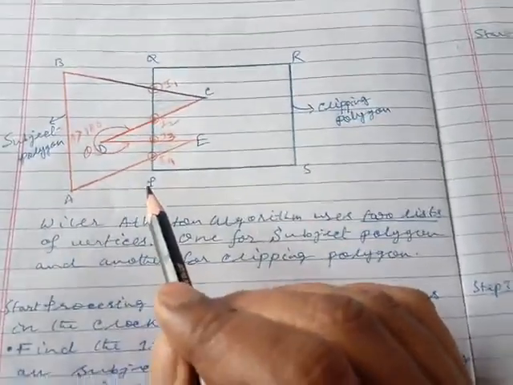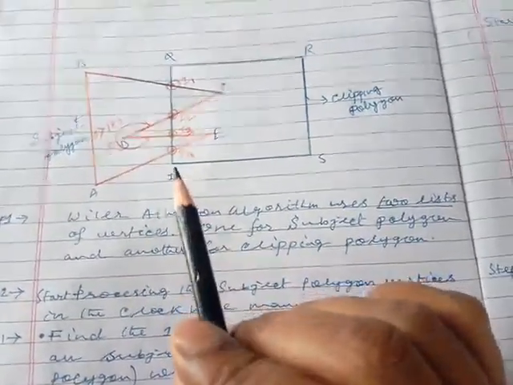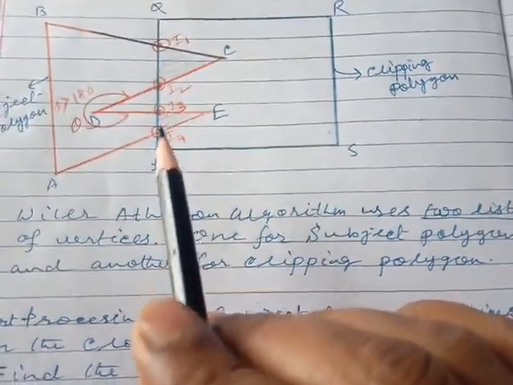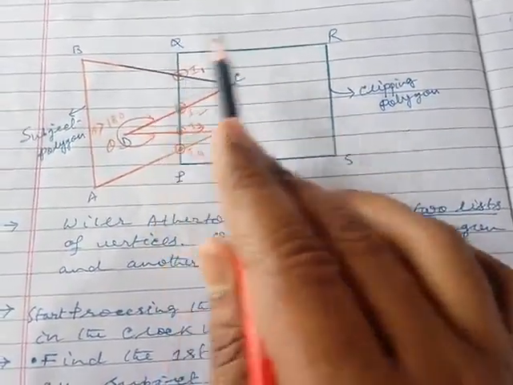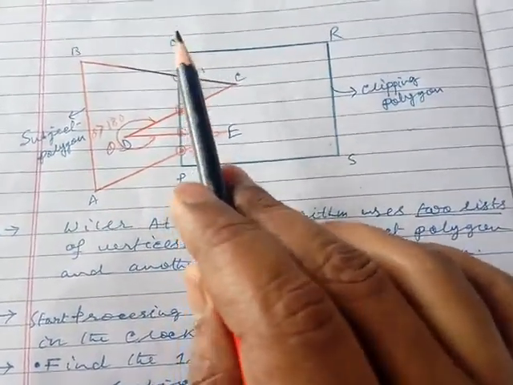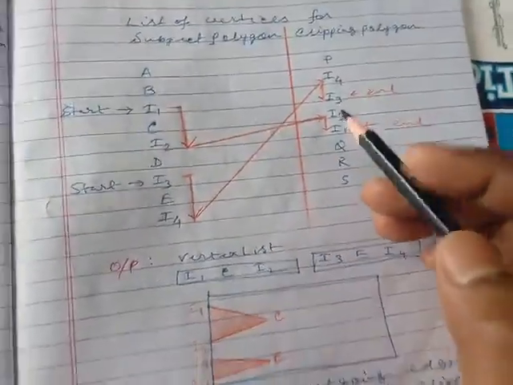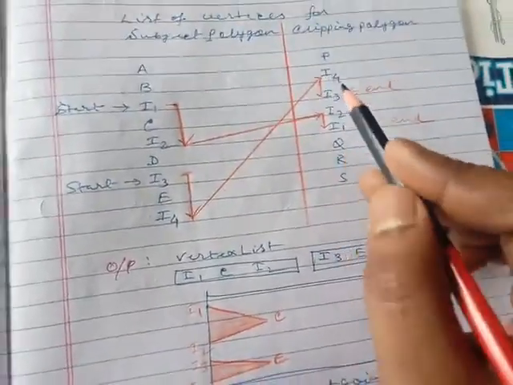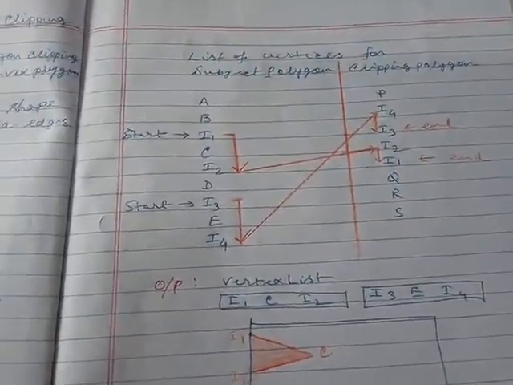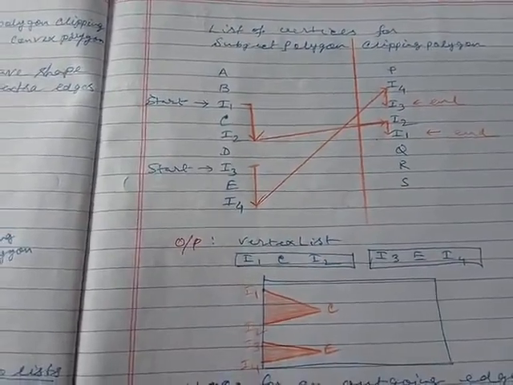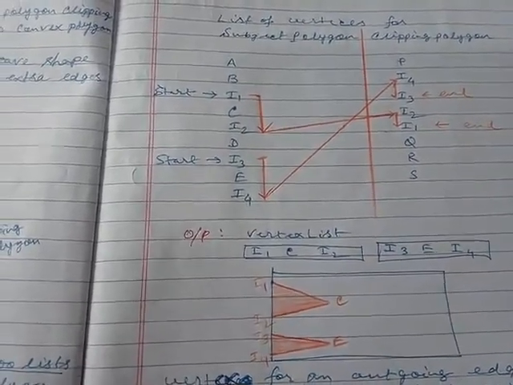In the clipping polygon, if we start from P following the cyclic order, the vertices will be P followed by the intersecting point I4, then I3, then I2, then I1, then Q, and then in the clockwise manner, if we proceed, we will come across Q, then R, then S, then P. So following the clockwise manner, we get the list of the vertices as P, I4, I3, I2, I1, Q, R, and S. So these are the two lists of vertices which we get following the edges of the subject polygon and the clipping polygon using the clockwise manner.